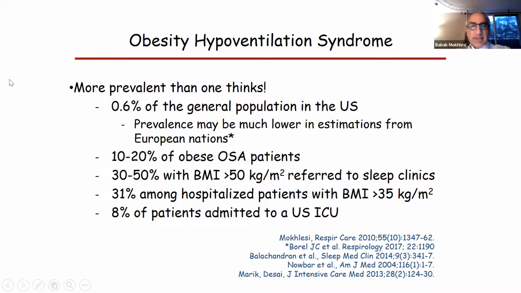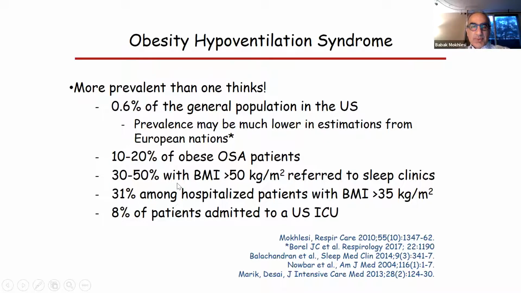So again, we estimate 0.6% of the general population in the US. Europeans have published that it's probably lower, because they have less obesity. Again, if you look at obese patients with obstructive sleep apnea in sleep programs, it's 10 to 20%, depending on which study you look at.